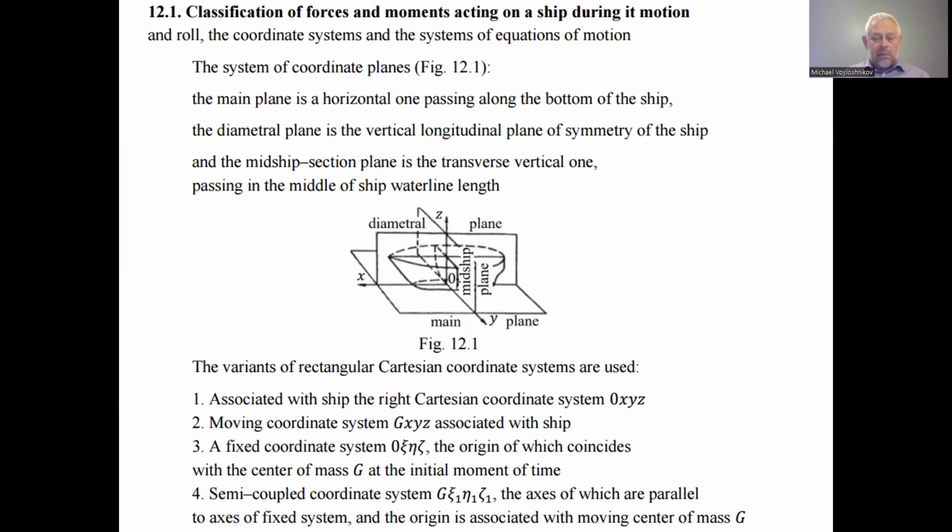This is when we rotate the abscissa axis to the ordinate axis, and with an associated left screw, it will move along the applicate axis. The applicate axis is vertical, so for the left coordinate system, the ordinate axis has to be directed to starboard. For the right-handed system of coordinates, the ordinate axis is directed to the port side.